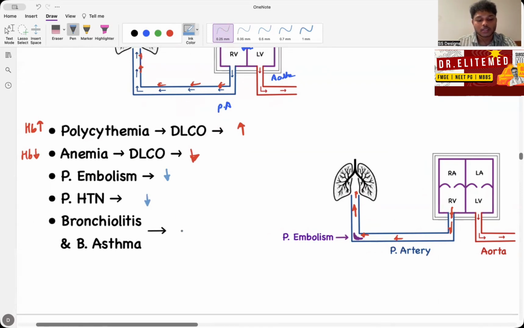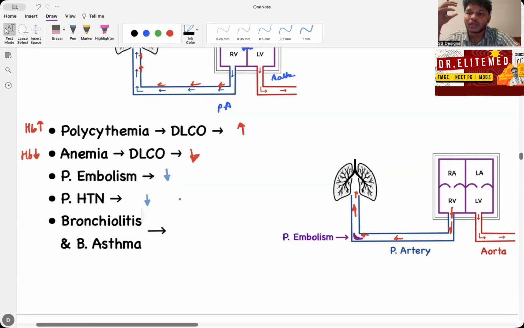So what about bronchiolitis and bronchial asthma? Increased. Basically, in bronchiolitis and bronchial asthma, the amount of air which is going to enter is going to get reduced, right? But the affinity will remain the same, and the amount of hemoglobin is normal, right?